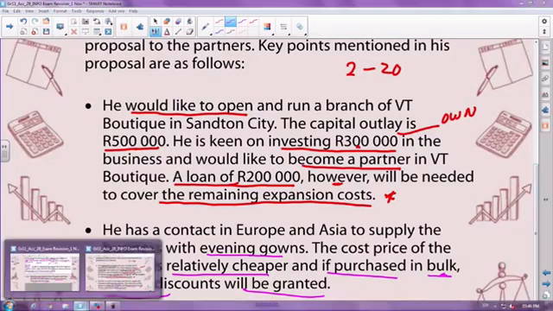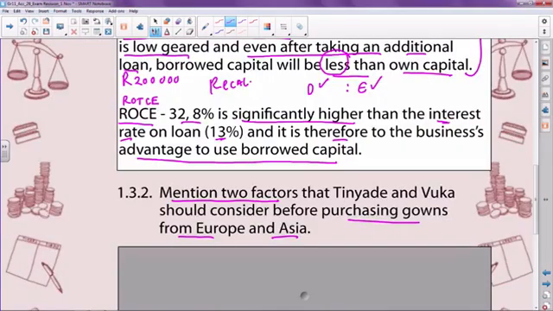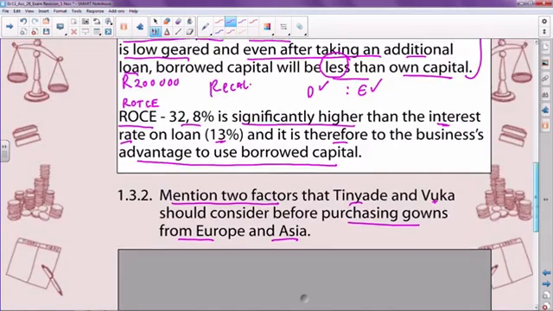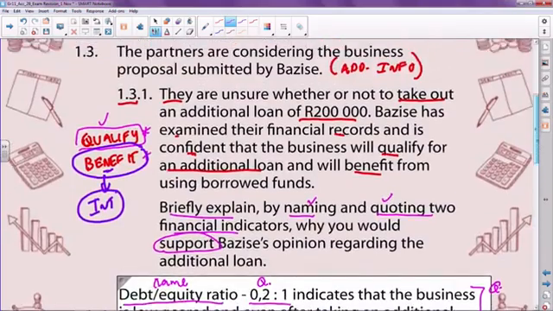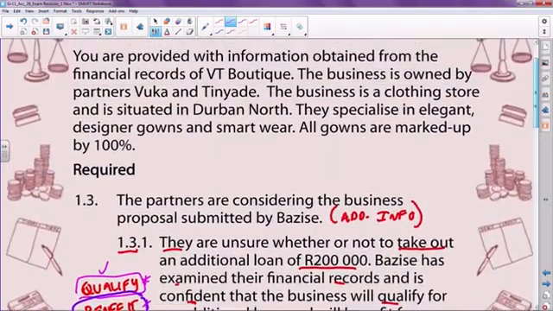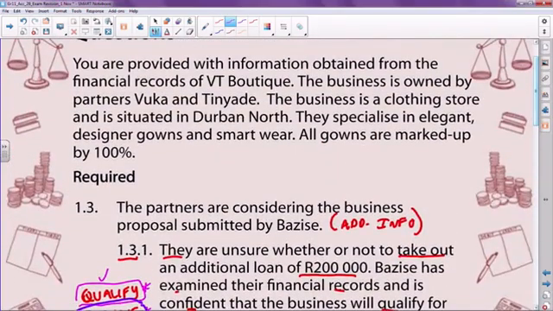If we go back to the question itself, mention 2 factors that Tanyade and VUCA should consider before purchasing gowns from Europe and Asia. Remember, guys, right at the beginning of the exercise, there's the information that was given. The business specializes in elegant designer gowns.